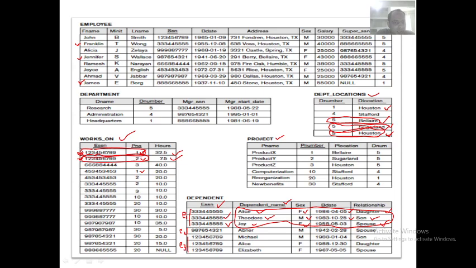Who is that employee 1? What is his name? Franklin. 333. What is his name?